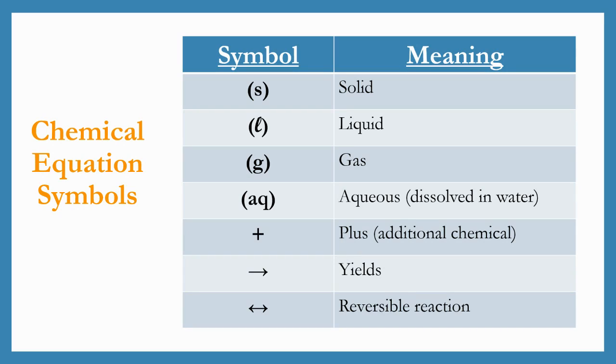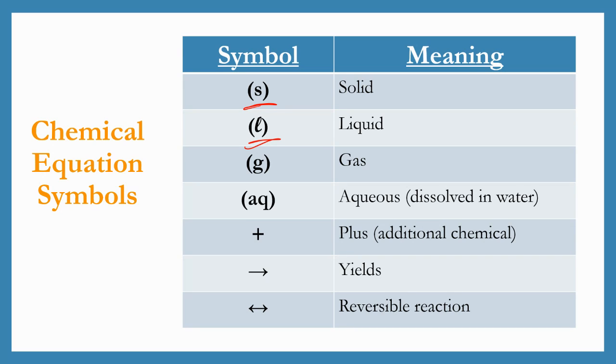Some symbols that we have when you're looking at chemical reactions: if you see an S in parentheses, that lets you know that the substance you're looking at is solid. This could be helpful if you're following a reaction and you don't know what state of matter the reactants need to be in. Were they dissolved? Were they solid? So this is telling you basically, is it a solid?